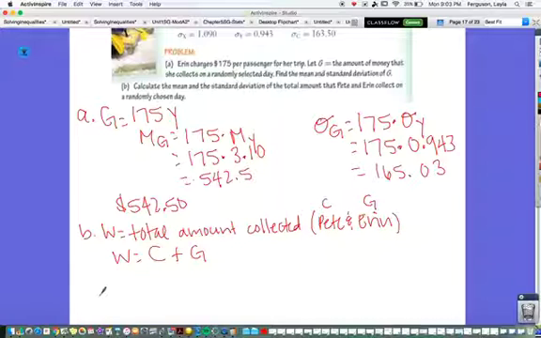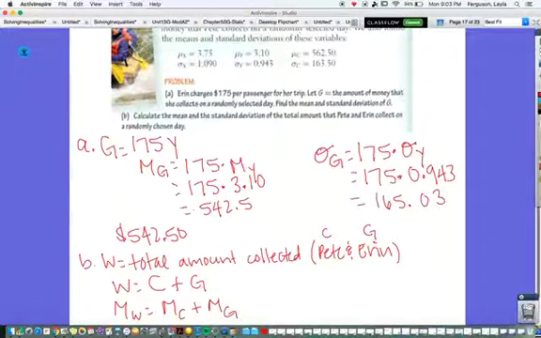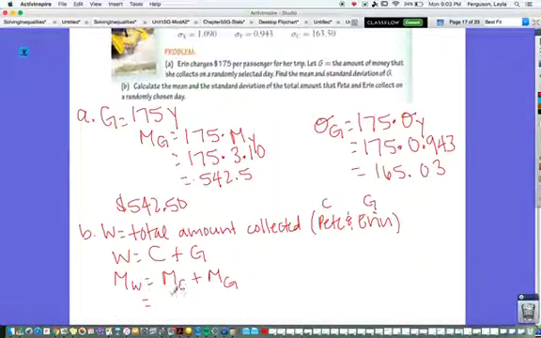We know that the mean of the sum of two random variables equals the sum of their means, and we found that out a few slides back. So the mean for W would equal the mean of C plus the mean of G. The mean for C, which is recorded up here, is 562.50, and we found that the mean for G was 542.50.